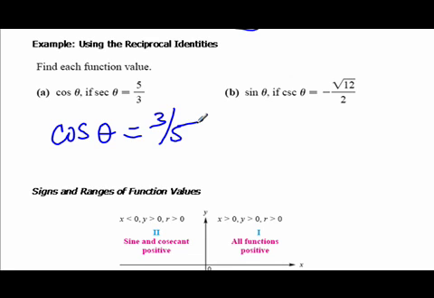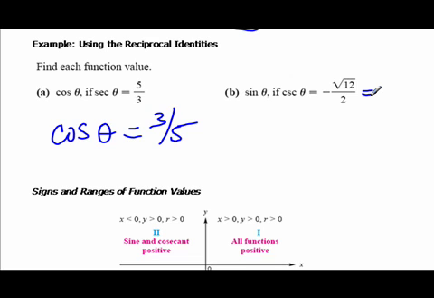Letter B, I kind of disagree with the author of your book. He's trying to trick you. He's trying to give you a radical that's not simplified for whatever reason. You would think that if he's giving me a radical, he'd have it simplified. So we're going to take the extra step here at first and simplify what he's giving me. So we know that negative root 12 over 2 is the same thing as what?